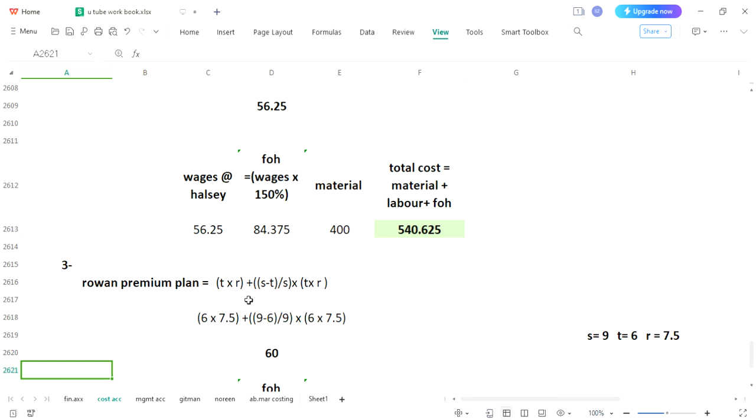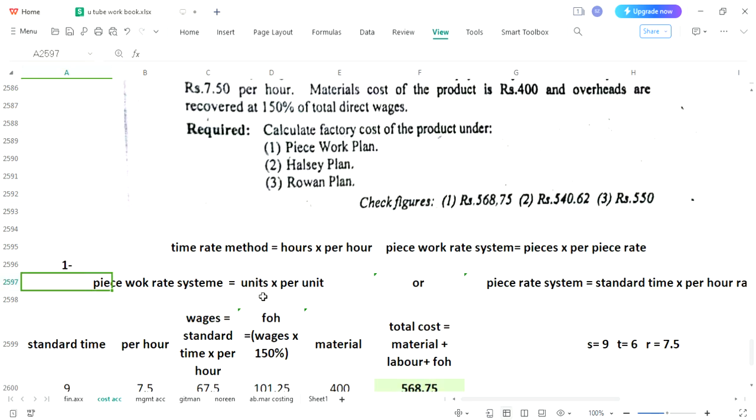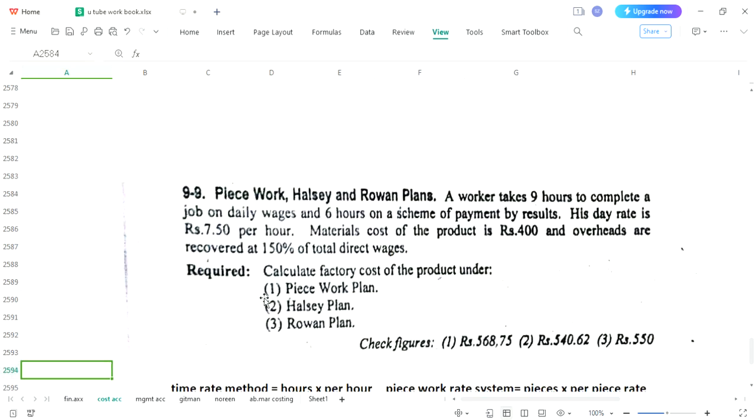Just by putting the amounts in the formula, you will get your answer. So the important factor is that you must have the Rowan and Halsey formulas in your mind, and then repeat the same step to calculate total cost, where you add material, labor, and FH. In this way, our question 9.9 has been completed.